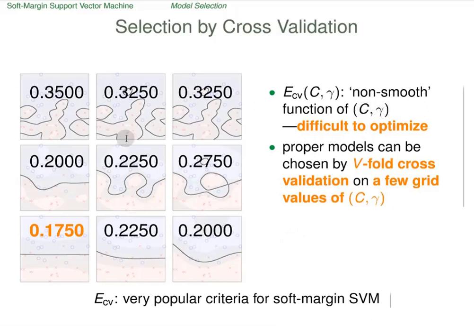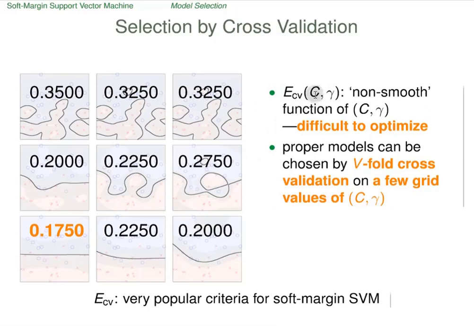For instance, in this figure, we can see different combinations of gamma and C lead to different decision boundaries and cross-validation errors, as shown here numerically, right? So we can select these hypotheses, for example, this more linear-like SVM, using the cross-validation error on a grid of C and gamma.